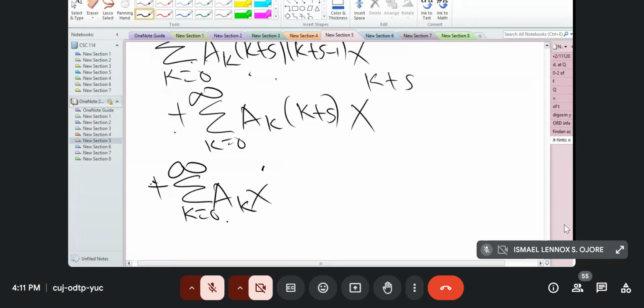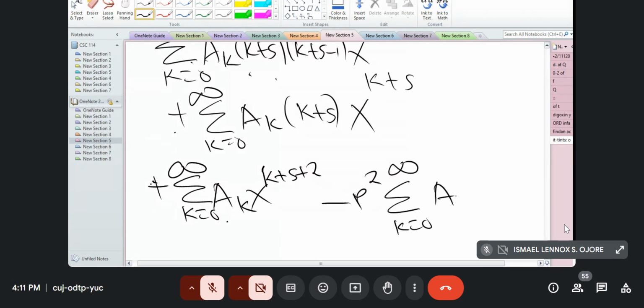You're just summing the powers. What do we have here? k plus s plus 2. We have a minus p squared summation k is 0 to infinity, a_k x to the k plus s.